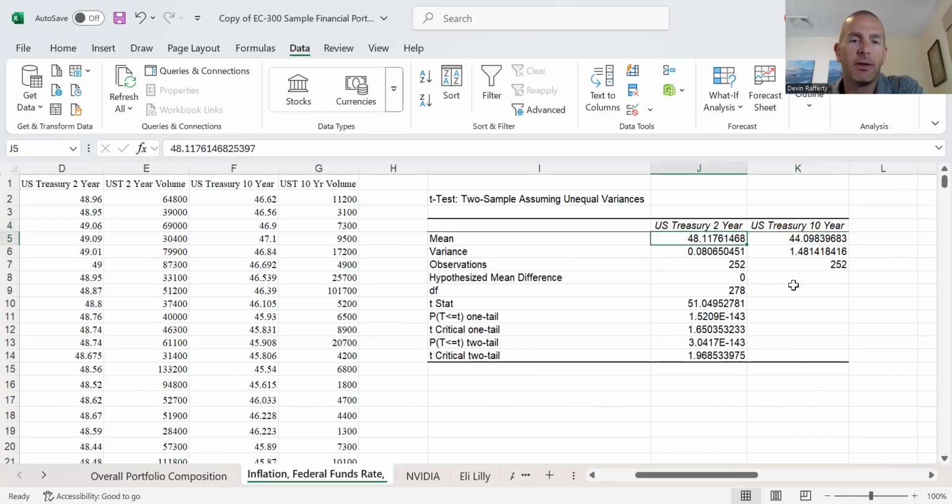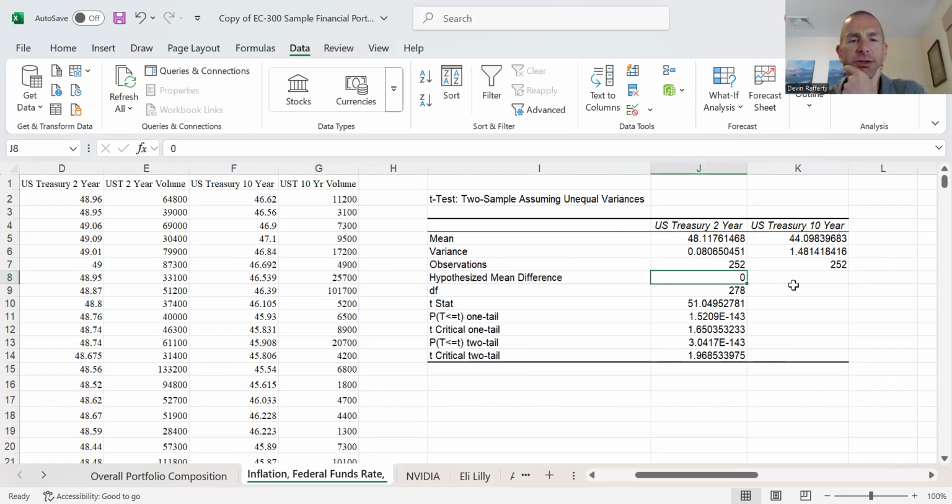This is the average price of the 2-year, the average price of the 10-year, the variance of the 2-year and the 10-year. We have 252 observations in the 2-year column and 252 observations in the 10-year column.